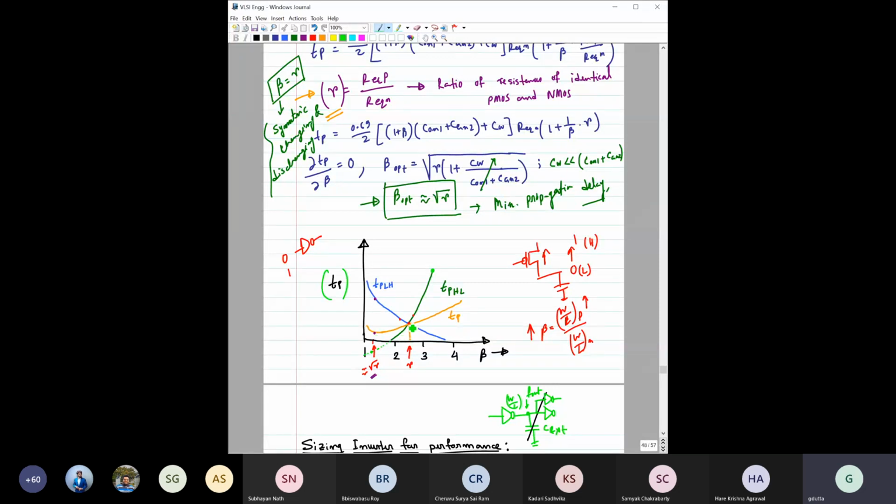But we want TPLH and TPHL to be closely equal, so that's what we are taking. But you are right. If only the minimization of delay is the main factor, then we have to choose root R, or this beta optimal. But as I mentioned here, we are trying to make the charging and discharging times equal. So we are taking this R.